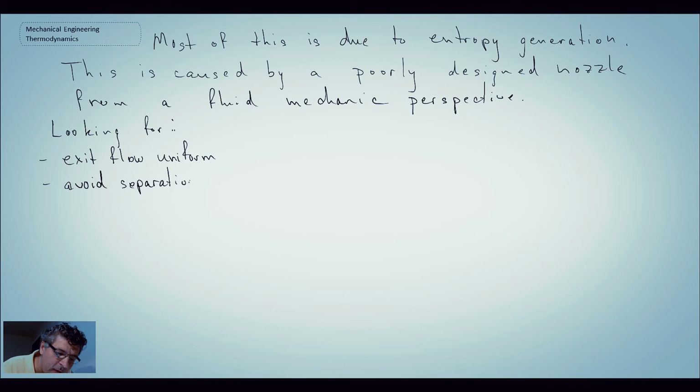That means we do not want the boundary layer to separate off the wall. You usually want to have it a minimum length because you don't want to have a long nozzle. And another thing, we want to try to minimize the boundary layer thickness at the exit because that will help give us a uniform flow.